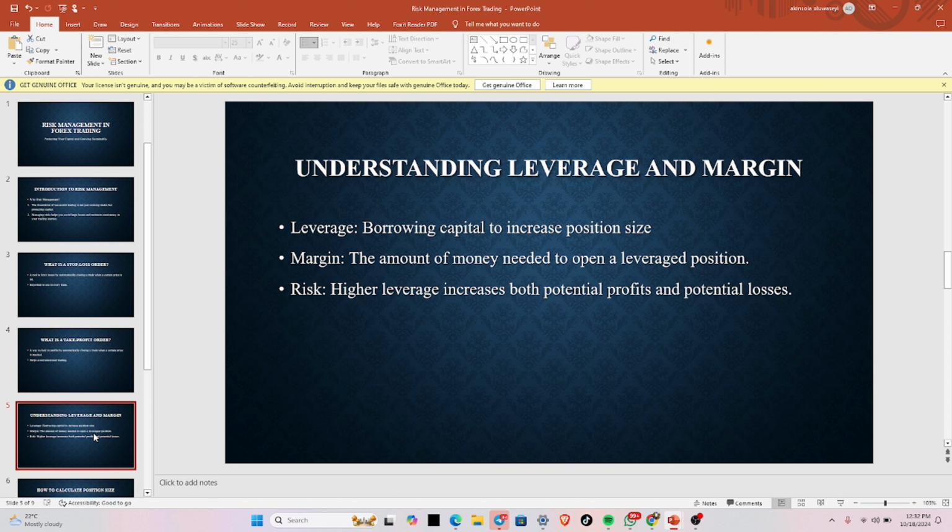For example, if I want to open a 10.0 lot size with a $10 account, I must be having a leverage of maybe, let's say, 1 to 100. That's the margin required. So the margin required right now is that I must have enough money in my capital, in my balance, to execute a particular trade.